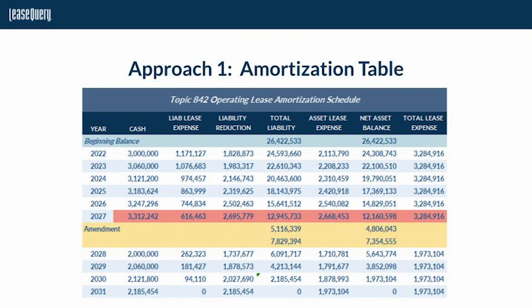And then here is what the amortization table would look like after the reduction adjustments have been made. Again, we stopped at the end of 2027. This is the amendment amount that we calculated. These are the new balances and the amortization table through the end of the lease.